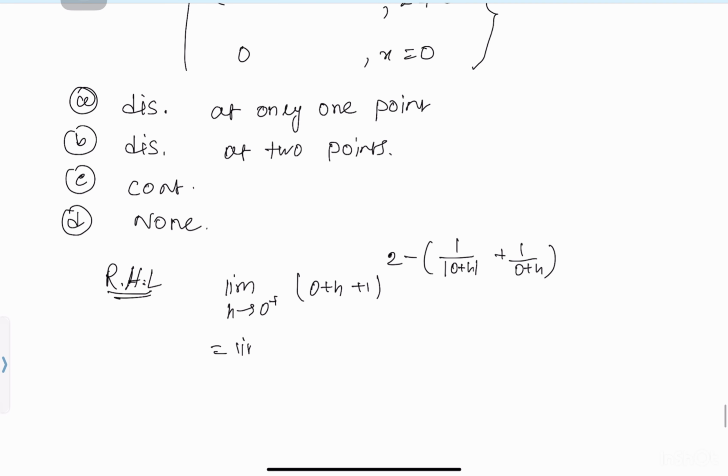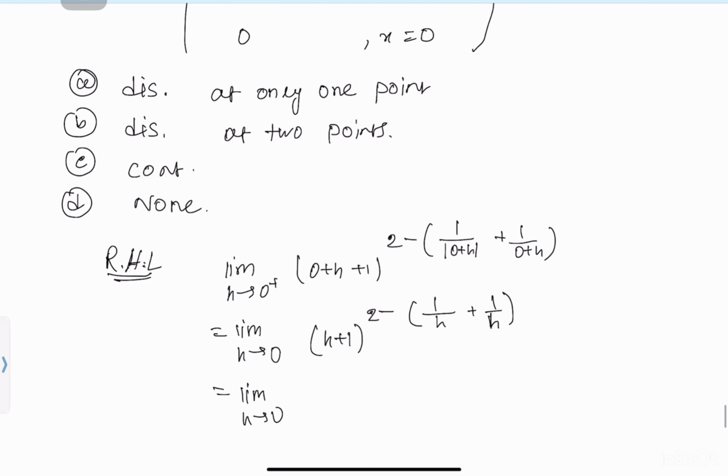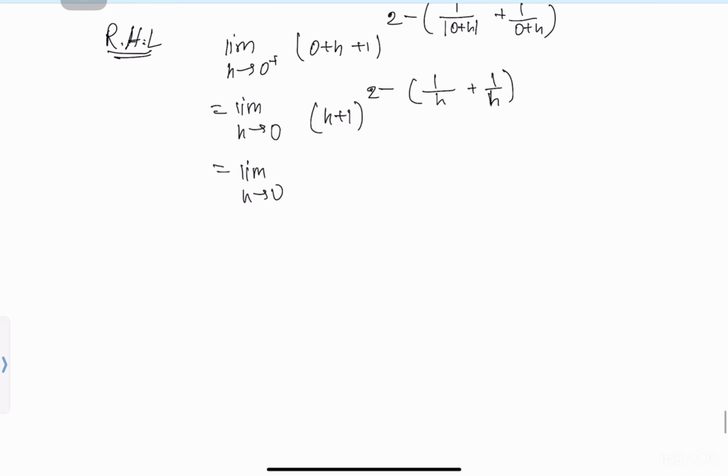So from here, limit h tending to 0, ((h plus 1) whole to the power 2 minus 1) by modulus of h plus 1, by h.